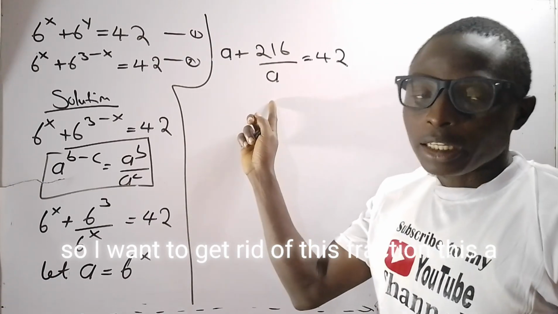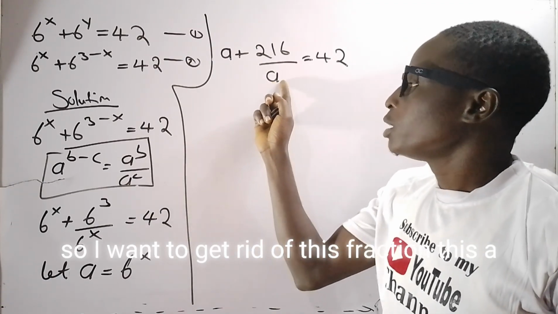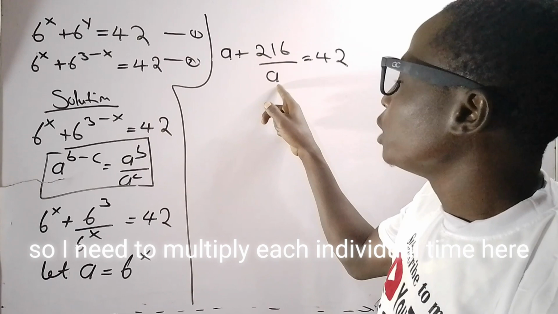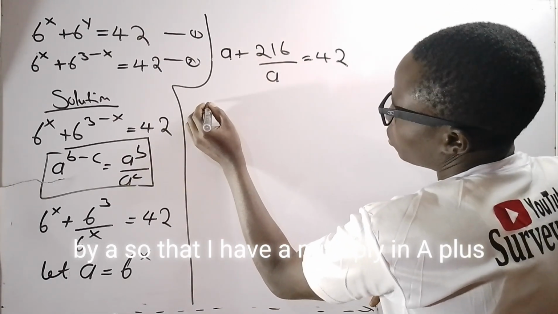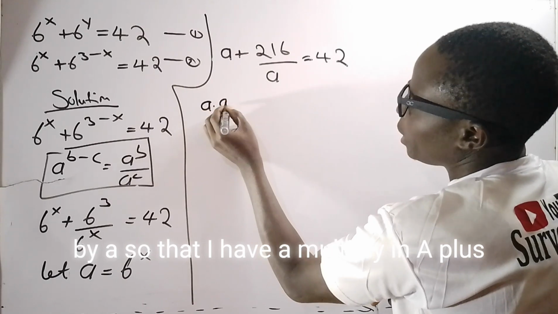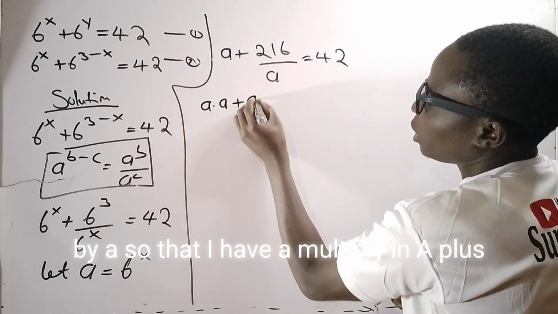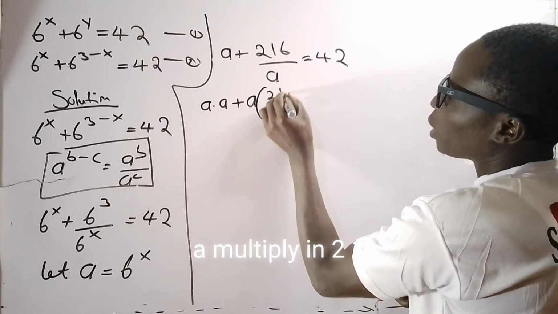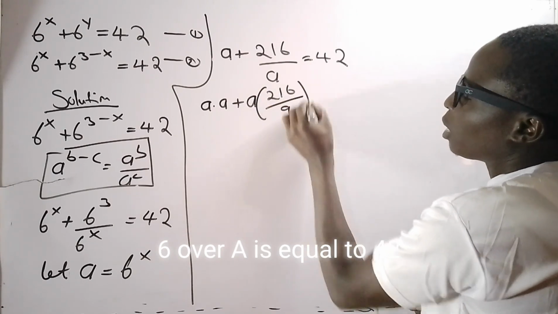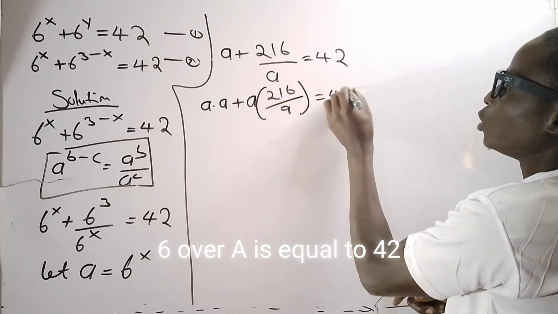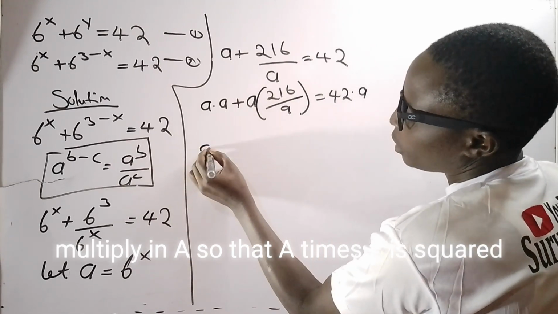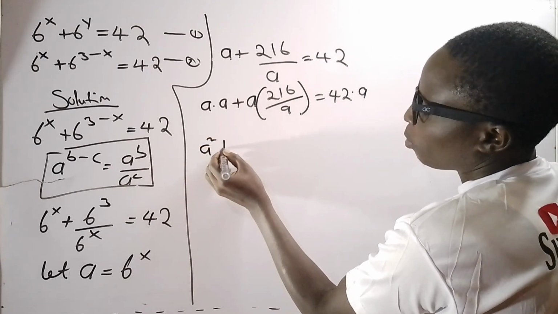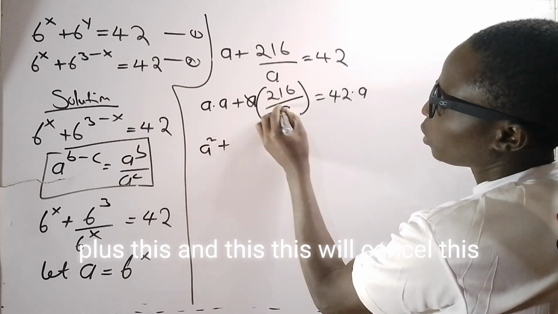So I want to get rid of this fraction, this a, so I need to multiply each individual term here by a, so that I have a multiplying a plus a multiplying 216 over a is equal to 42 multiplying a, so that a times a is a squared plus this, and this will cancel this.